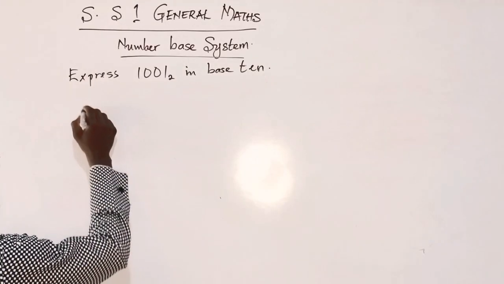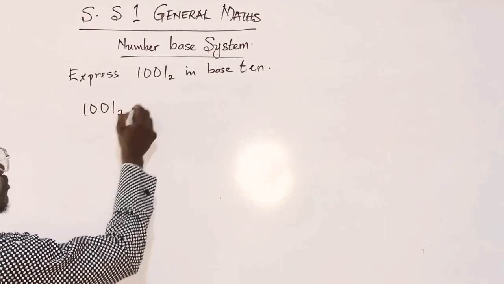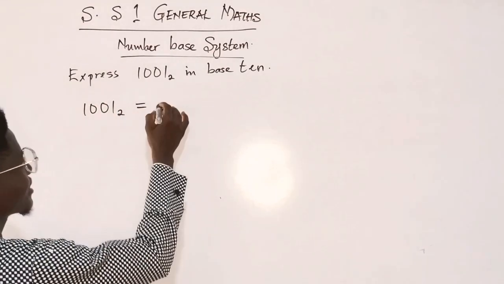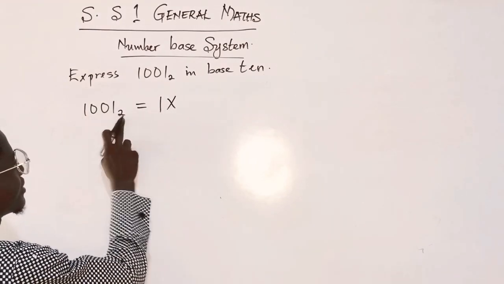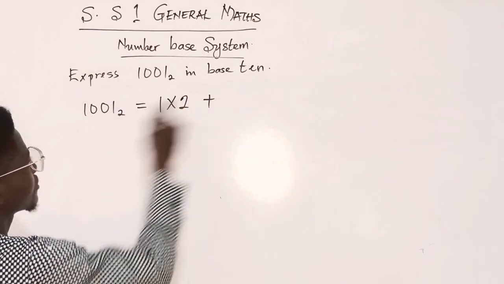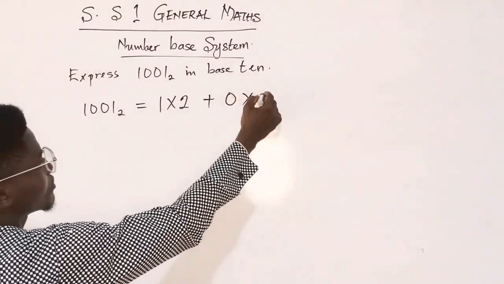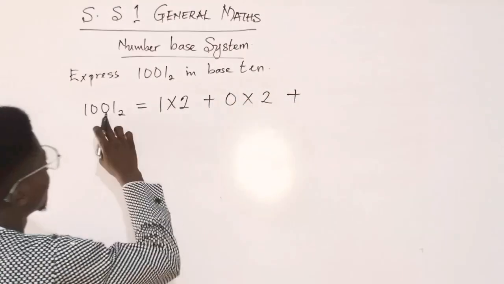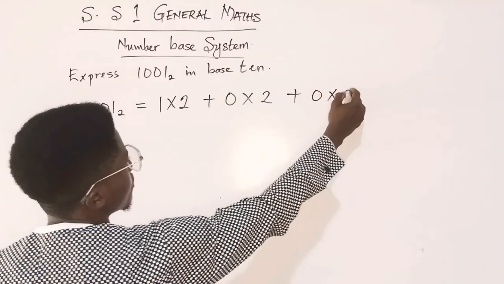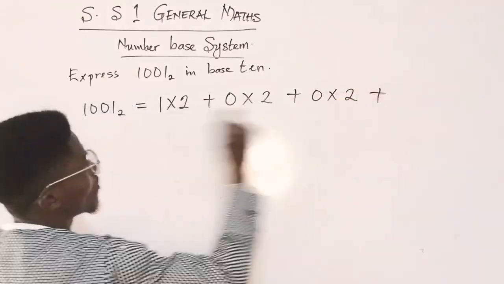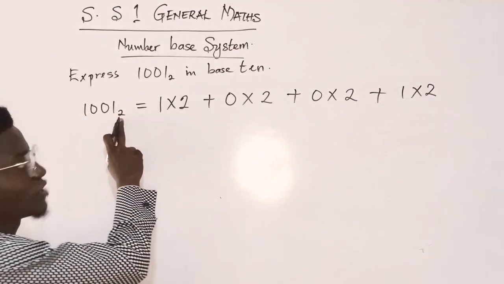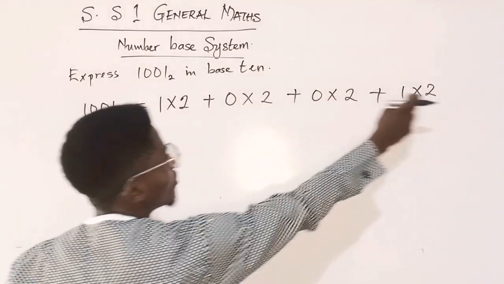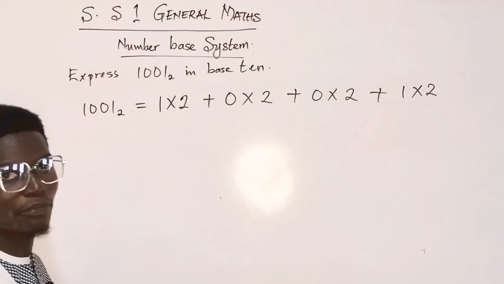Then we shall expand it. 1001 base 2 can be expanded as 1 times 2, plus 0 times 2, plus another 0 times 2, plus 1 times 2. This 2 is what we are using to multiply each of these numbers in their position.